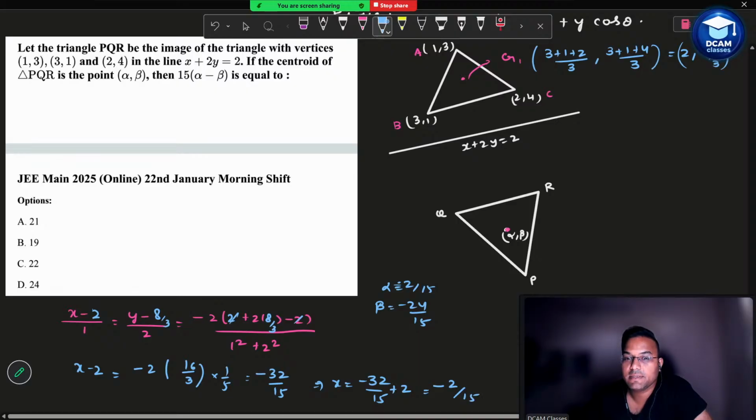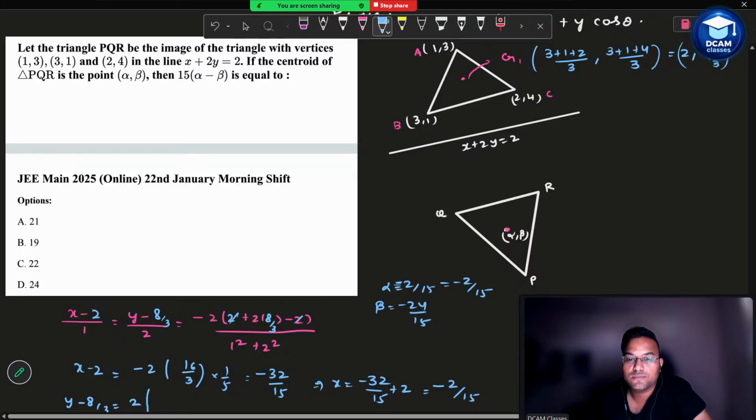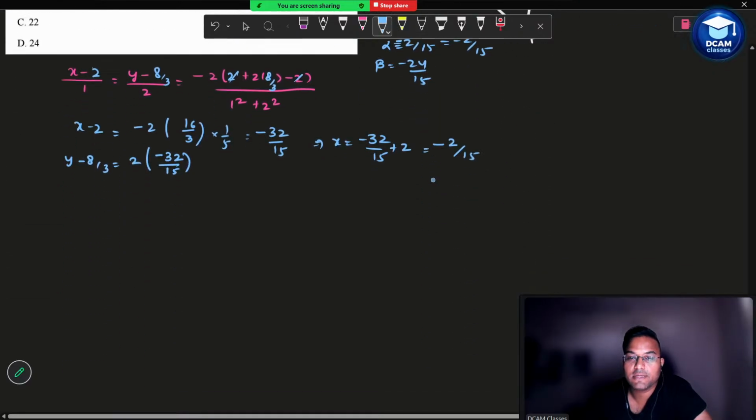We are getting the same answer that Lasya got. So alpha is equal to minus 2 by 15. Similarly, you can get beta. For y, y minus 8 by 3 is equal to 2 into minus 32 by 15. You can solve it, you'll get minus 24 by 15.